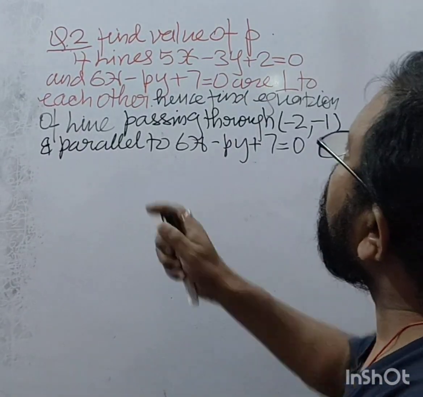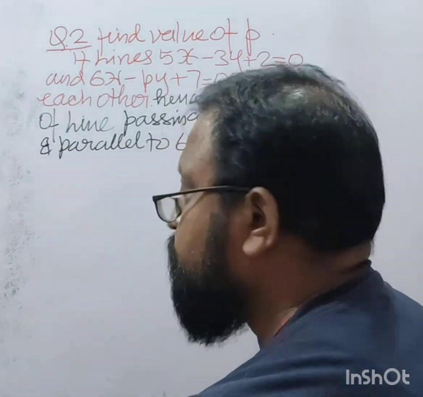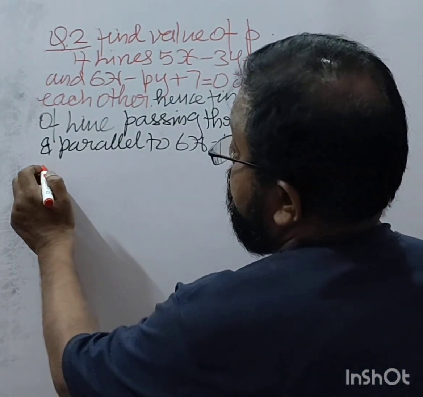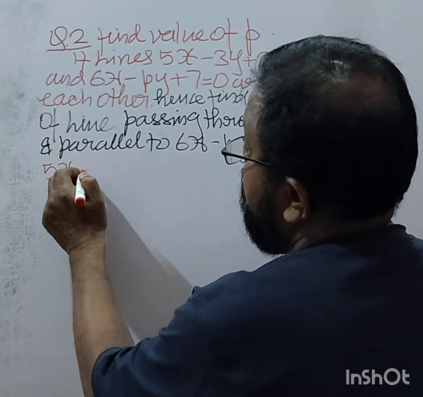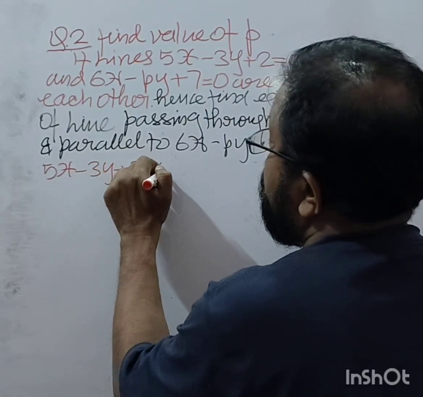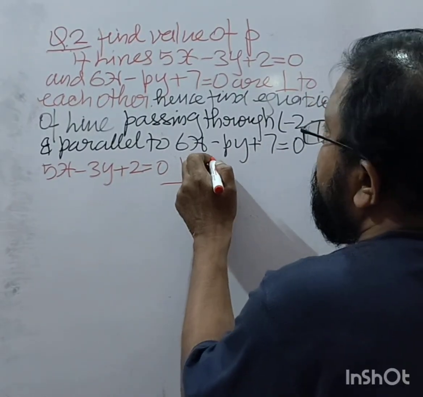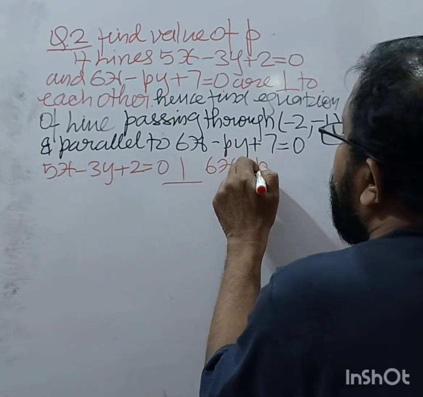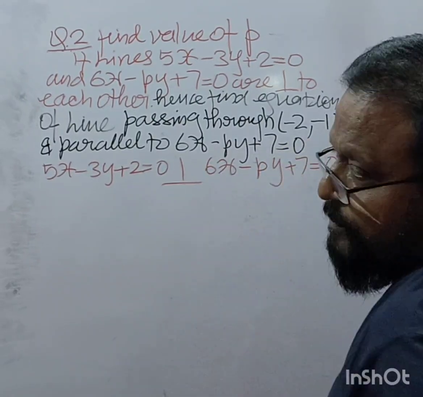This is our question. So there is given us line 5x minus 3y plus 2 is equal to 0 is perpendicular to 6x minus py plus 7 is equal to 0.